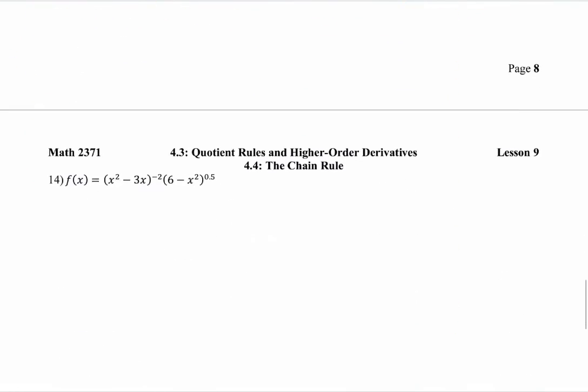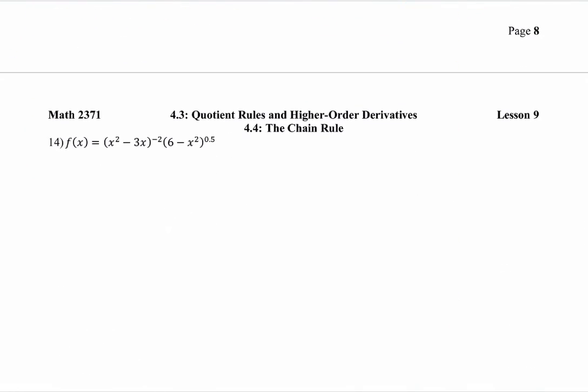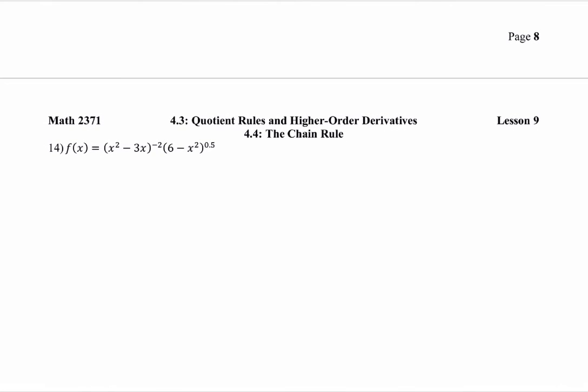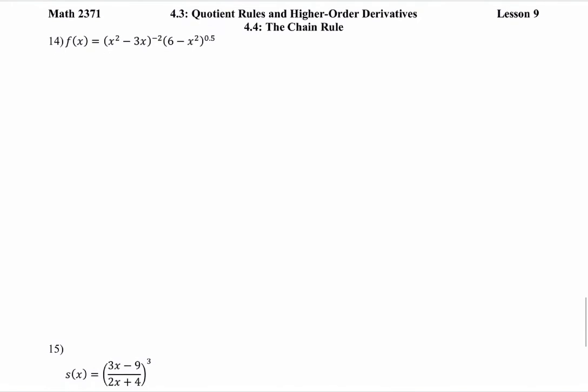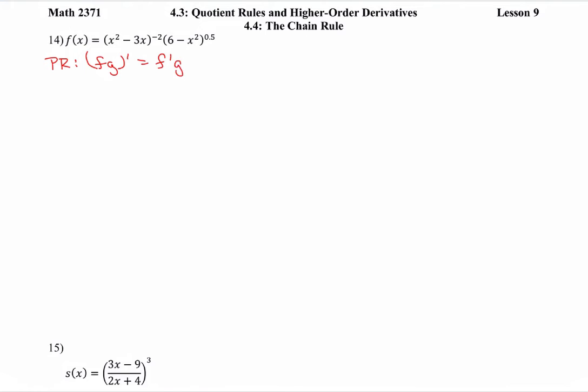So now let's go on to the next one. This one, again, we're going to use the product rule. So we have (fg) prime equals f prime g plus f g prime, where f equals x squared minus 3x to the negative 2.